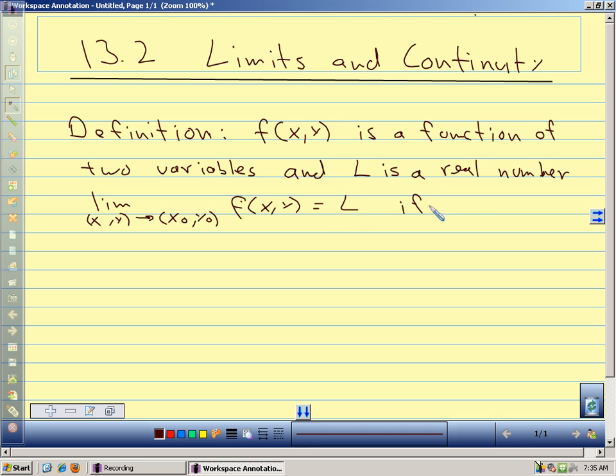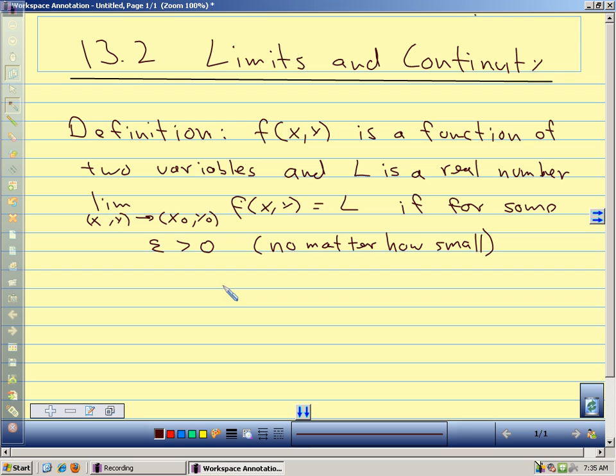if for some epsilon greater than 0, and I like to add no matter how small, because we're usually talking about a small epsilon. We want our distance to be close.